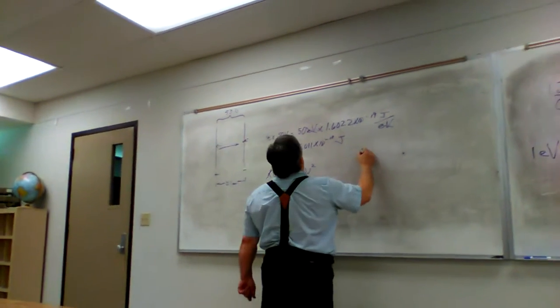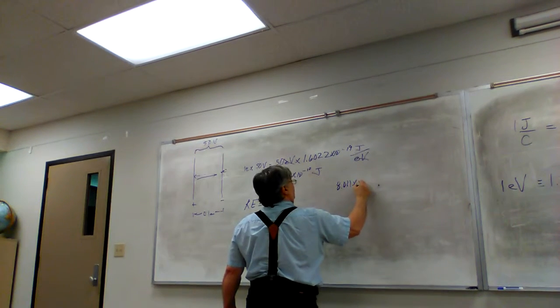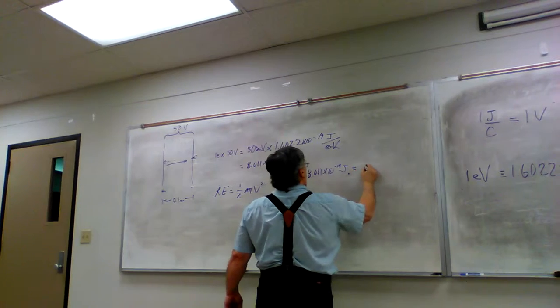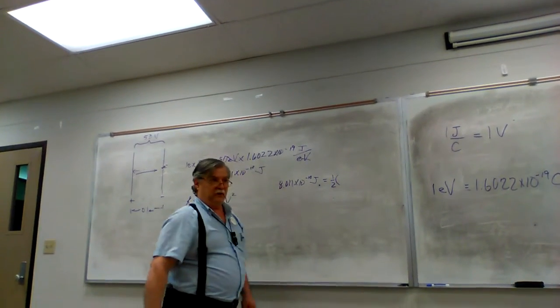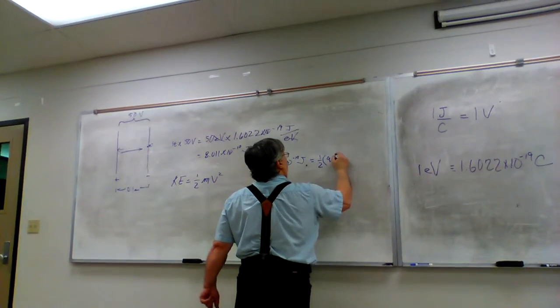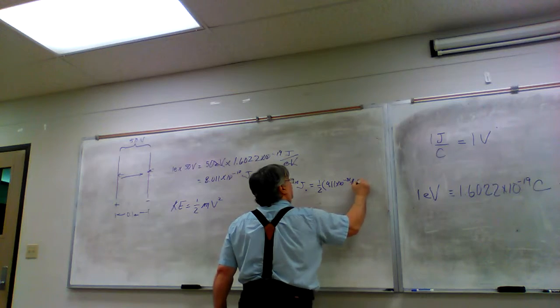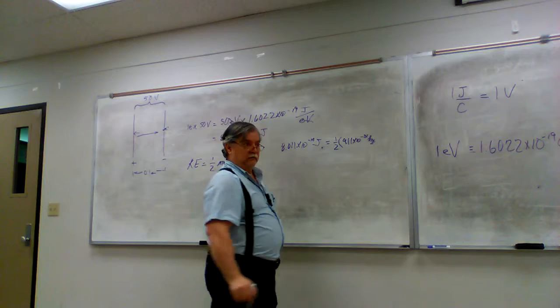So we've got 8.011 times 10 to the minus 18 joules is equal to 1/2. What's the mass of an electron? 9.11 times 10 to the minus 31 kilograms. Y'all do have that on your index card, right?